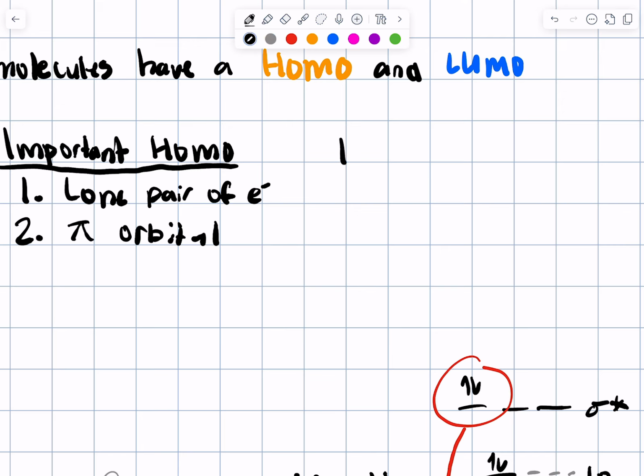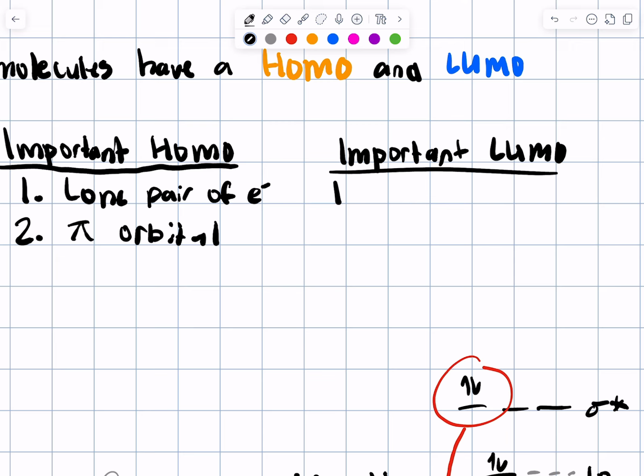So an important LUMO. Once again, I'm going to give you a ranked list. If I see something that's in spot number 1, that is much more guaranteed to be the LUMO compared to something in spot 2 in the list.